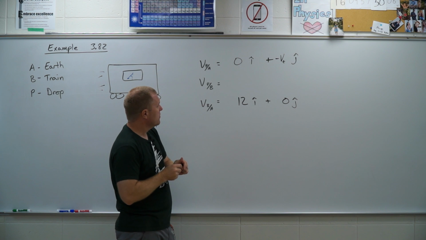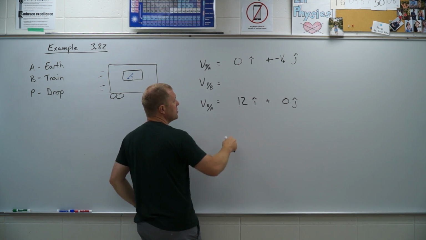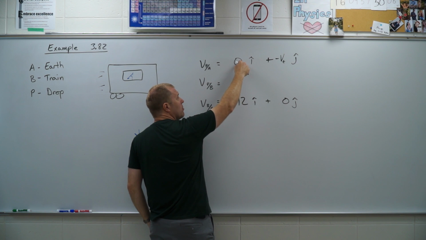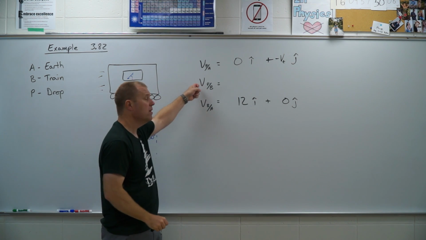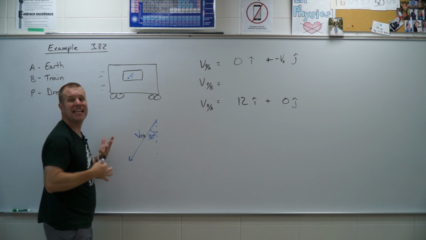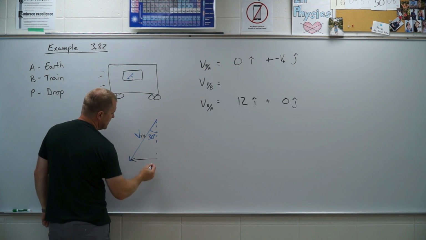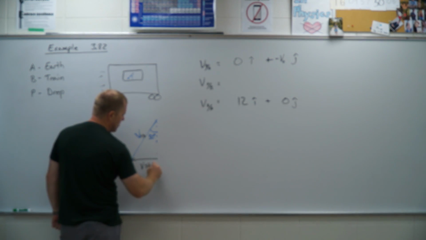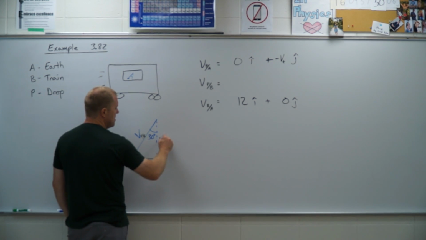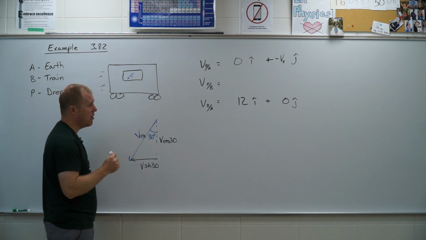In order for this plus this to equal that, I can figure out that the horizontal component of the raindrop must be negative 12. Another way to think about it is to set this up as V sine 30 and V cosine 30 for that raindrop relative to the window.